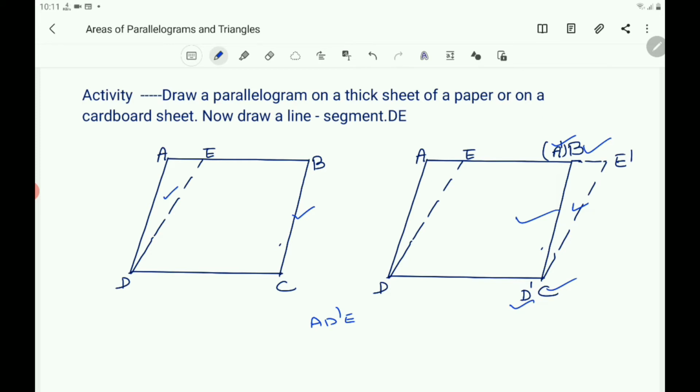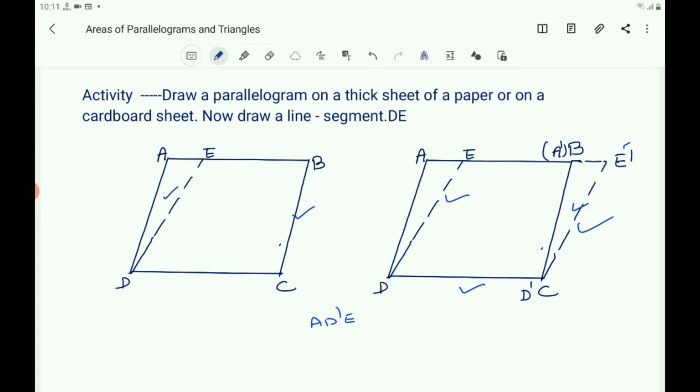Note that there are two parallelograms. One parallelogram is ABCD and the other parallelogram is EE'CD.